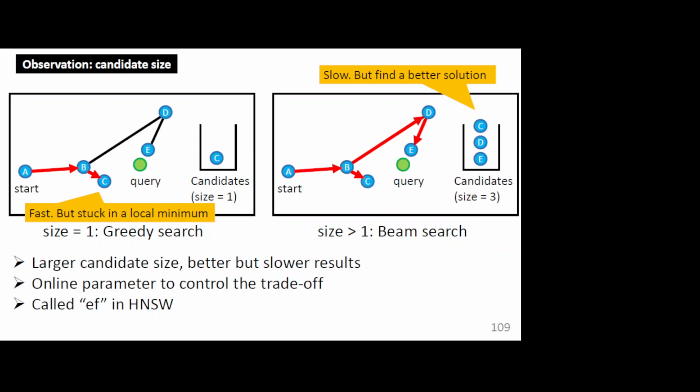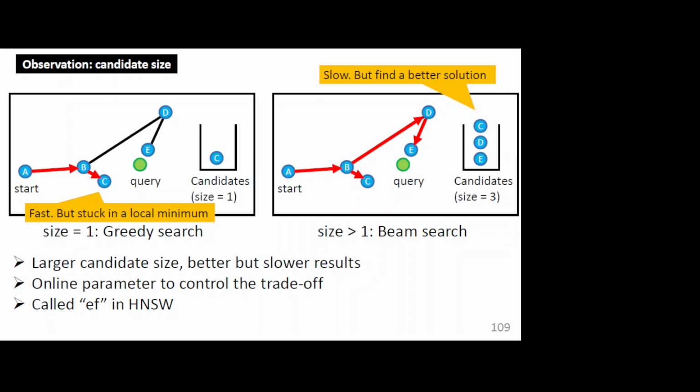But if we can keep more candidates in our Q, you see C and D will both be kept, and then finally you find D's neighbors can reach and be closer to the query. If you perform this with one candidate, it's called a greedy search.